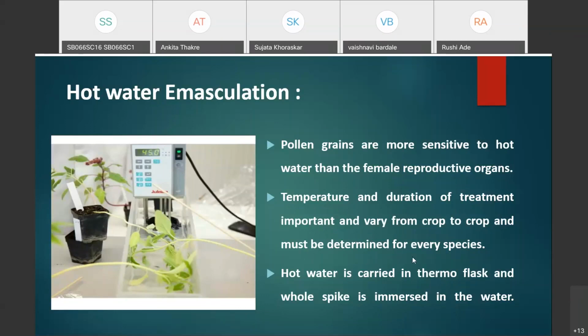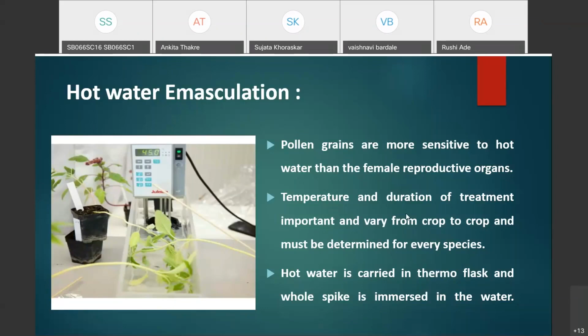Okay, म्हणजे काय, किती टेम्परेचर पाहिजे त्या पोलन ग्रेन्सला मारायला आणि त्या टेम्परेचरचं वॉटर त्या गायनोशियम वरती निगेटिव्ह इफेक्ट करणार नाही. ओके, तर टेम्परेचर ऑफ द वॉटर आणि दुसरं काय, तर किती वेळासाठी ती ट्रीटमेंट द्यायची आहे, हे प्रत्येक क्रॉप टू क्रॉप हे बदलत जातं. आणि हायब्रिडायझेशन प्रोग्राम मध्ये सगळ्यात पहिल्यांदा पॅरेंट्ससाठी हे टेम्परेचर आणि ड्युरेशन ऑफ द ट्रीटमेंट हे डिटरमाइन करावं लागतं.